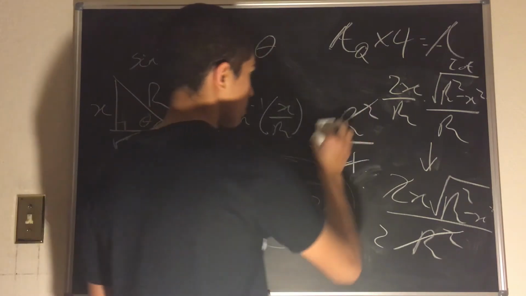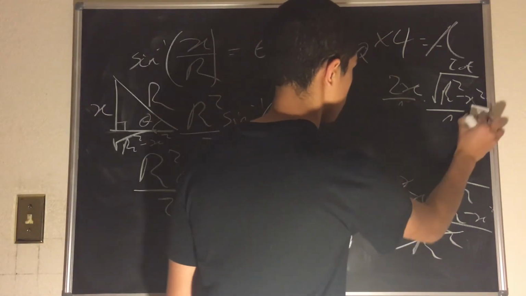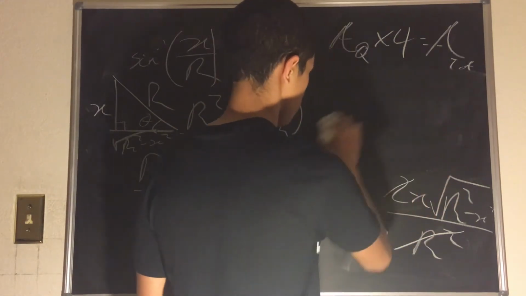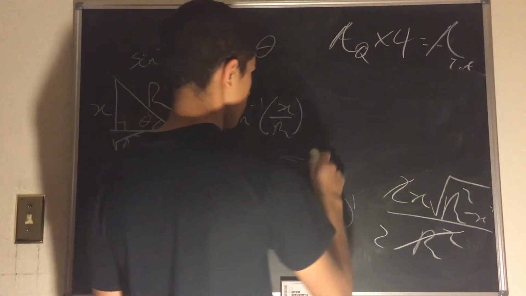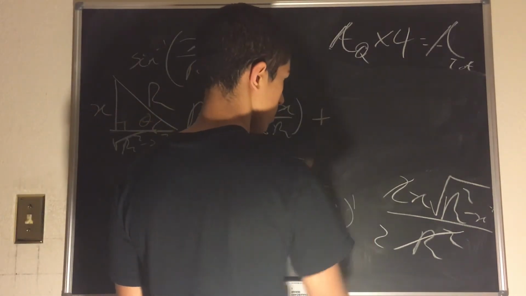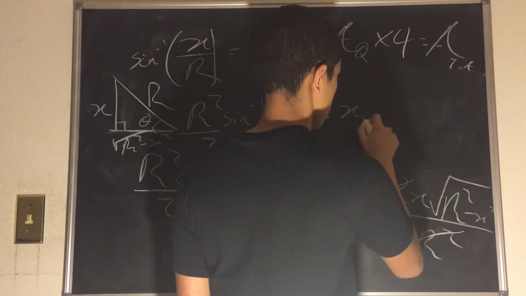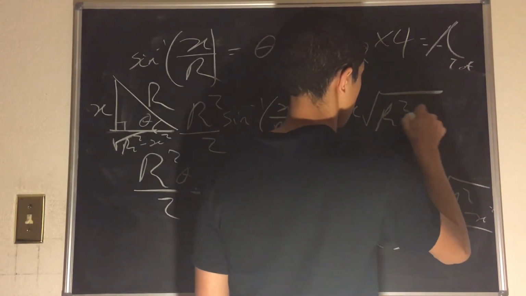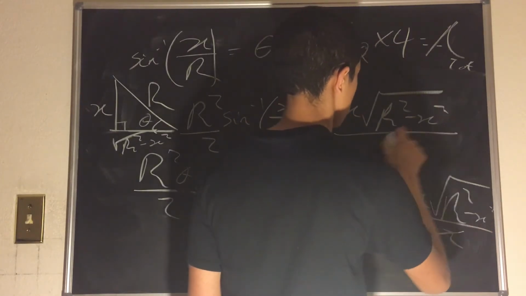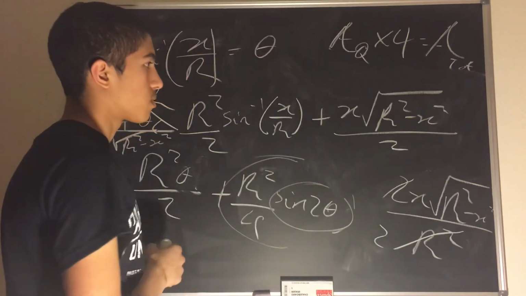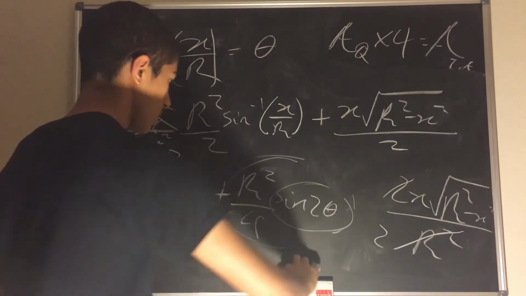So let's rewrite that: plus x root r squared minus x squared divided by 2.